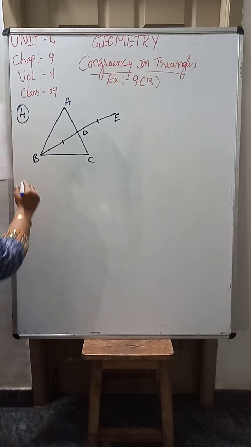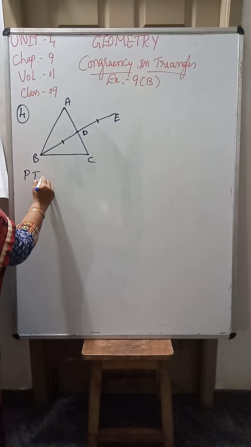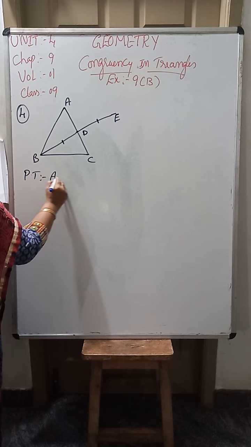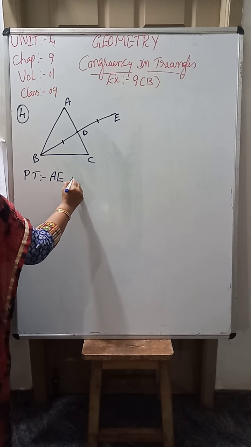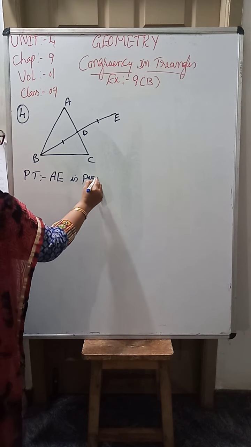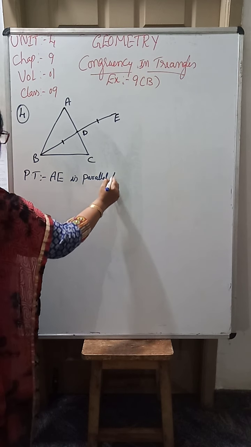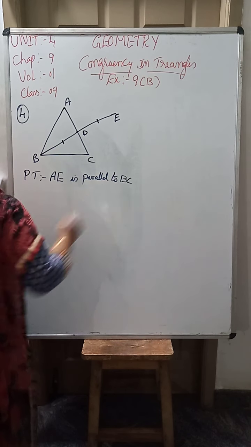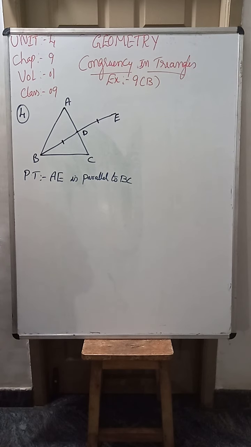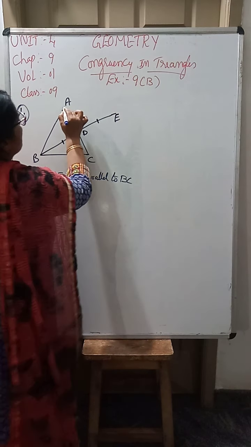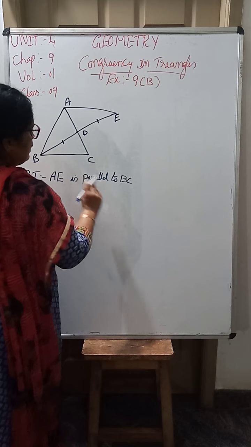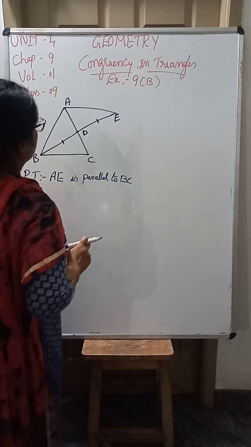Now, prove that AE is parallel to BC. We have to prove, join AE, AE is parallel to BC.